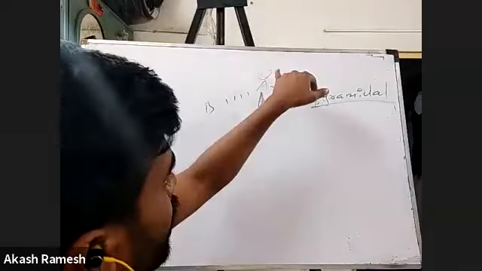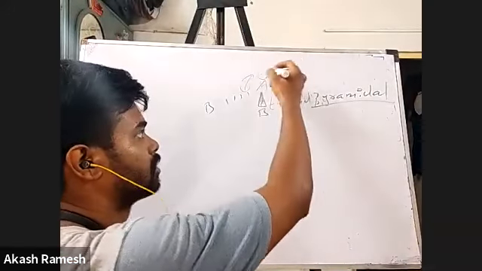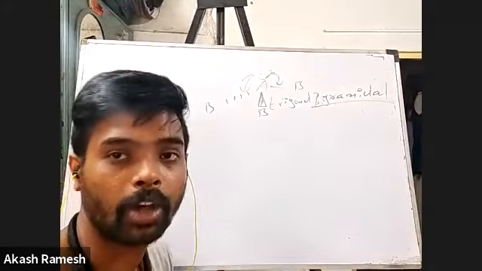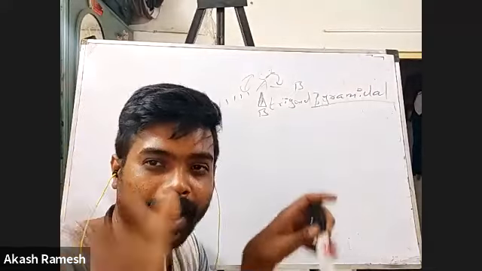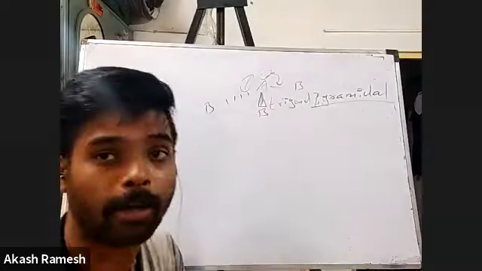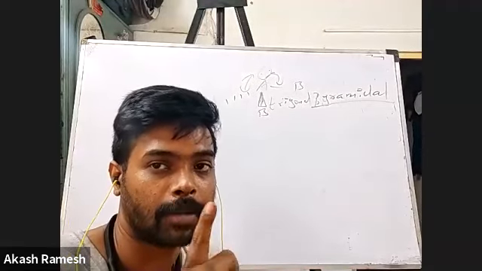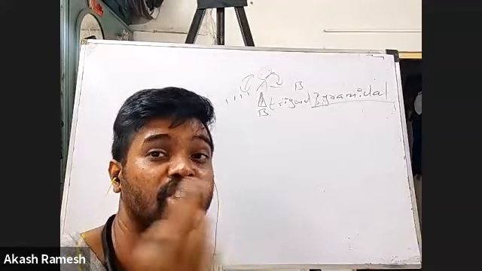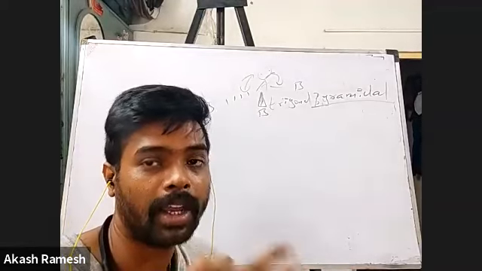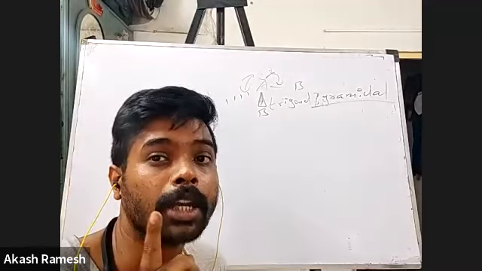But here, since I have a lone pair present, what will happen? I'll have lone pair, bond pair repulsions this side, right? So the bond angle will be very less. Bond angle would have got constricted because of the lone pair, bond pair. We saw VSEPR, right? So what does VSEPR say? VSEPR says the most stable shape will be in such a way that the repulsions between the electrons are minimum.